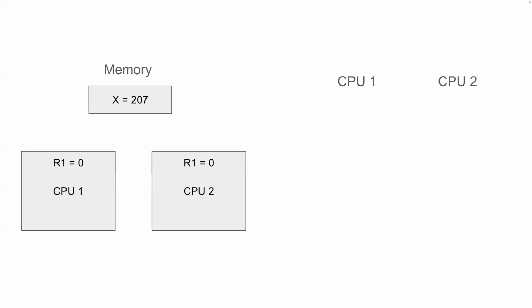What actually happens when you break it down is, the first CPU runs the first instruction, load X into R1. So the CPU reads the memory and loads 207 into its register. Then it gets interrupted. This is how multi-threading works: at any point the CPU or the OS can decide to reschedule the thread.